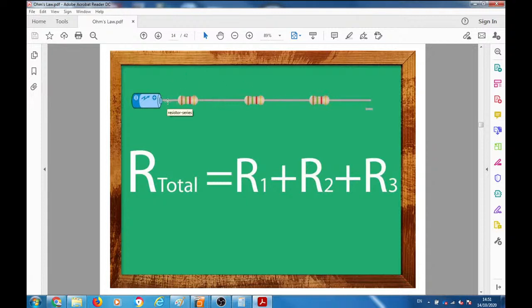So if we stuck a meter across the first resistor, we would measure about 4 volts, 1/3, because that's 100 ohms, that's 100 ohms, that's 100 ohms. So it's going to be 1/3 of the voltage. And then the next one, we're going to read another third, and then the last one, we read the last third. So we get about 4 volts across each. And then whatever voltage we provide is going to be distributed across all those resistors.